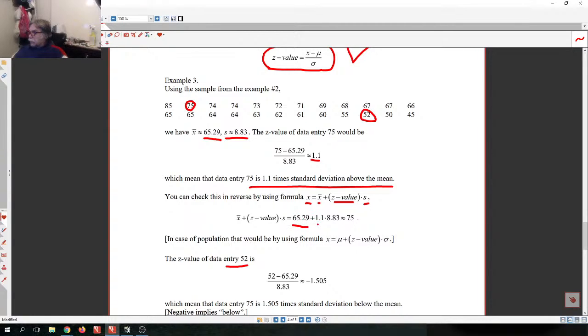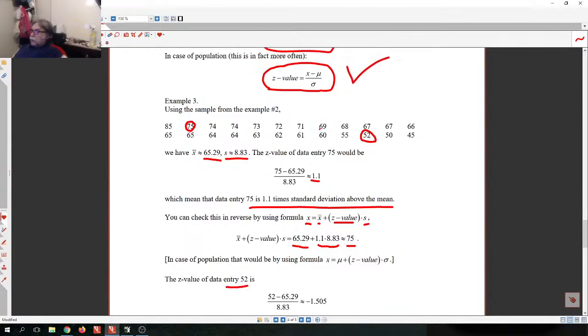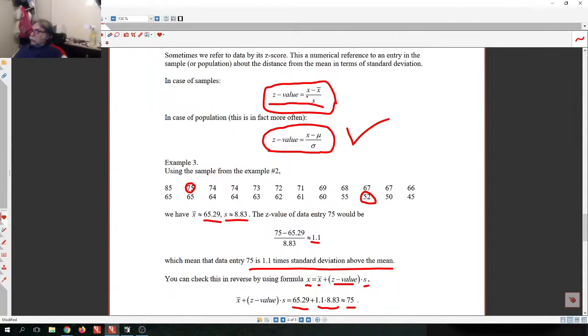So 65.29 plus 1.1 times 8.83, and you get 75, right? So there is one formula that we calculate the z-value with. If you solve this formula, you get the x value from a z-value by using this formula. People that know algebra will notice what I'm doing. If you don't, you just remember the formula or have it written somewhere. The mean plus the z-value.